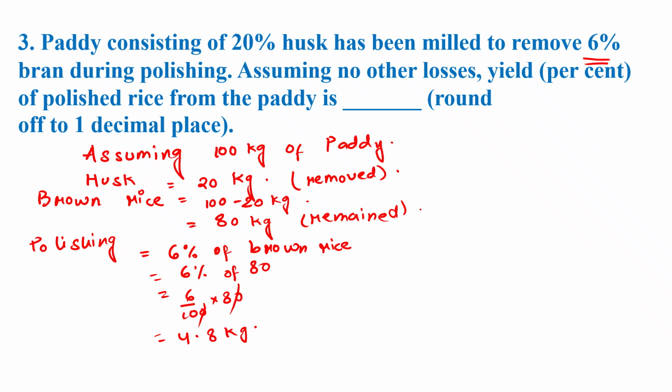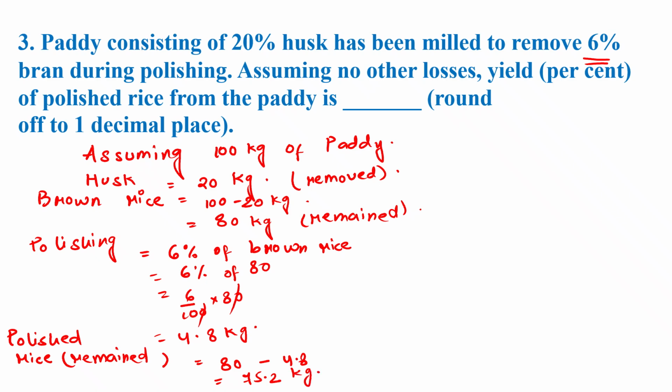Now the polished rice which has remained will be, it was earlier 80 and we'll remove 4.8, so remaining will be 75.2 kg. Now total polished rice yield we have to calculate.